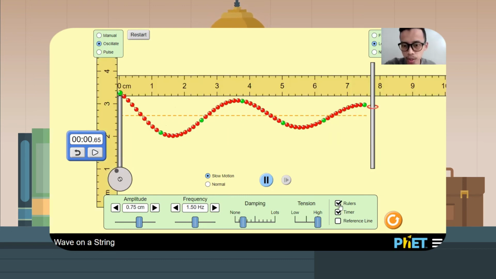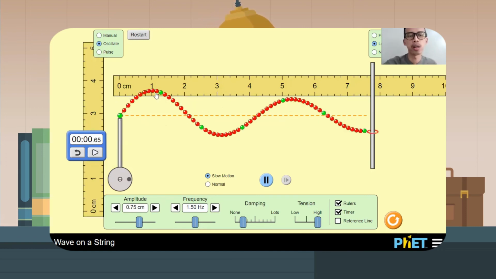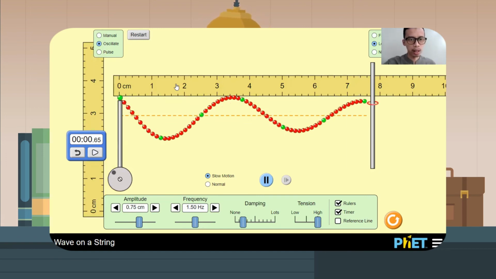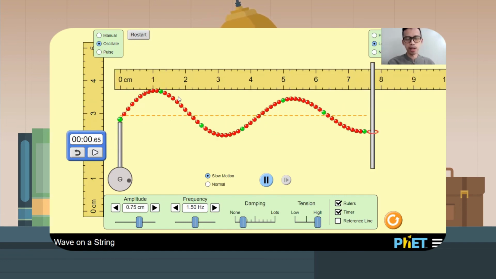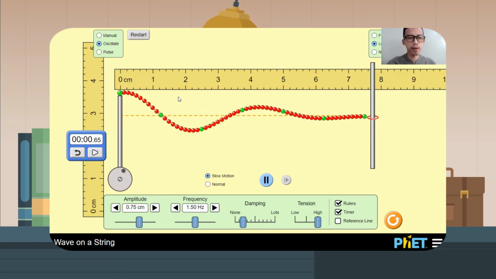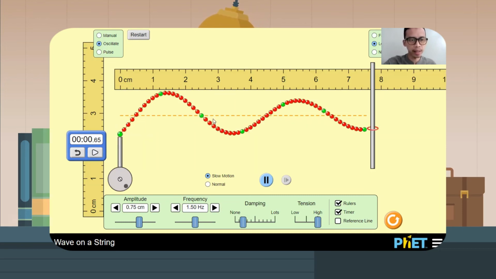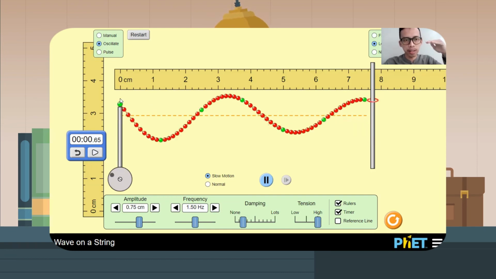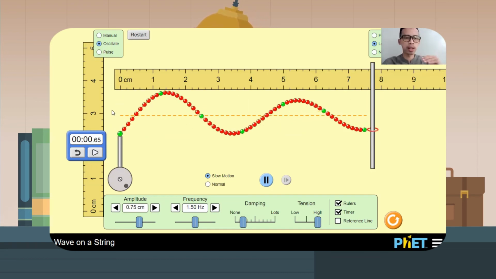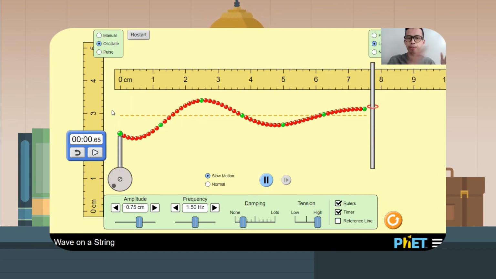I will show the ruler again. At this time, we use the horizontal ruler. How to measure the distance? Here I will set a reference of 5 centimeter, from this point until this point. When this green ball reaches its maximum position, it generates the peak of the wave, and the peak will move to the right.